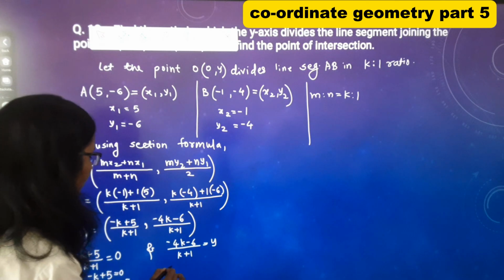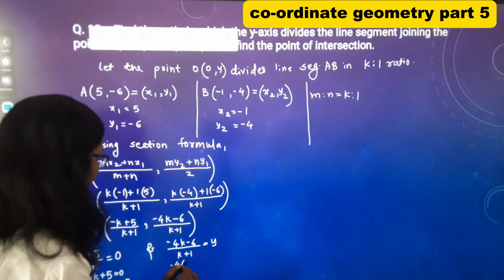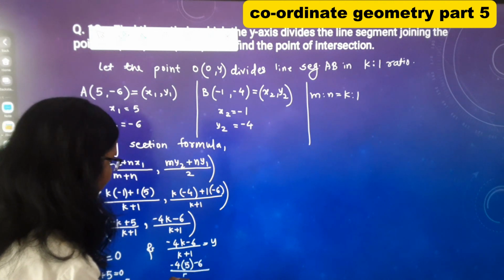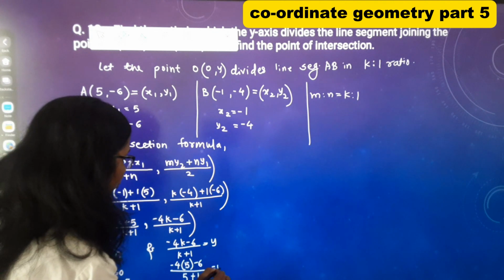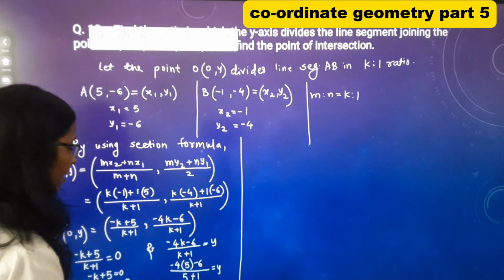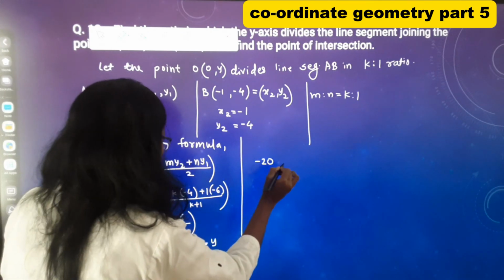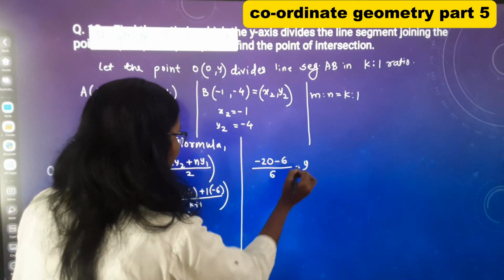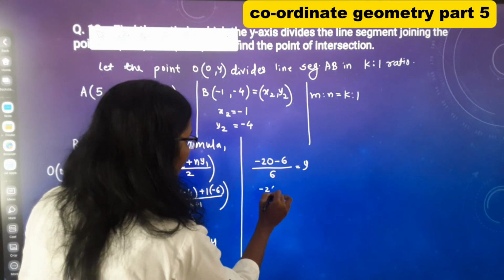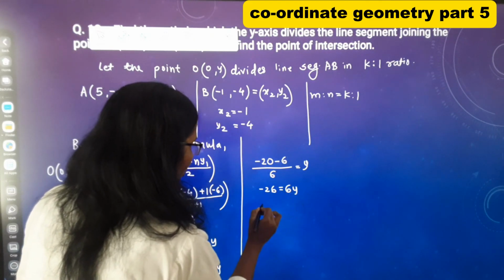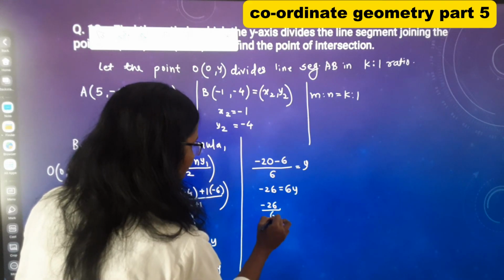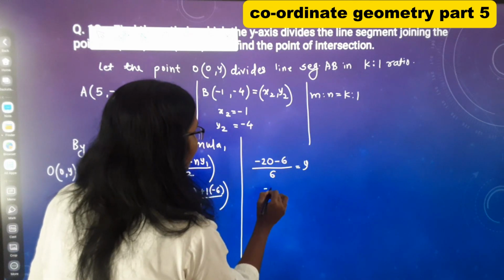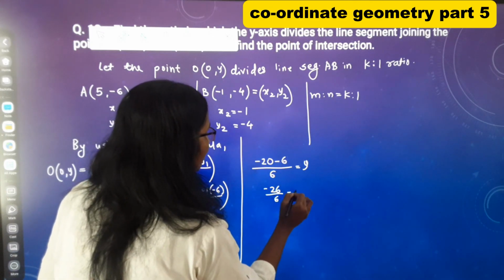Now put this value in this equation, that is k is 5, so -20 minus 6 upon 5 plus 1 is equal to y. Then here -26 upon 6 is equal to y.